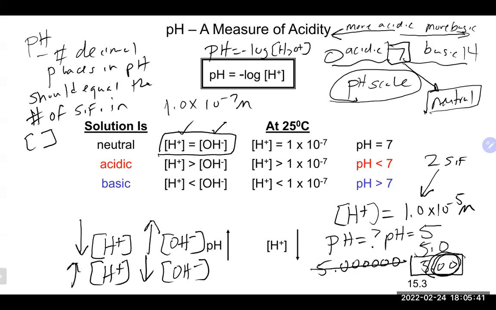So as one goes up, the other goes down, and they're related like that. And that means that as the H plus concentration goes down, technically speaking, the OH minus concentration goes up, which means technically you have more OH minus in your solution than H plus probably, and your pH should start to go up towards the basic side or heading in that direction, depending on how much you got going on there. Any questions on that?